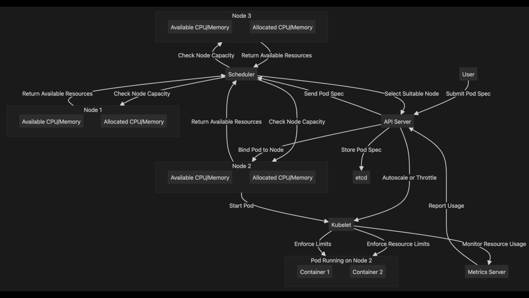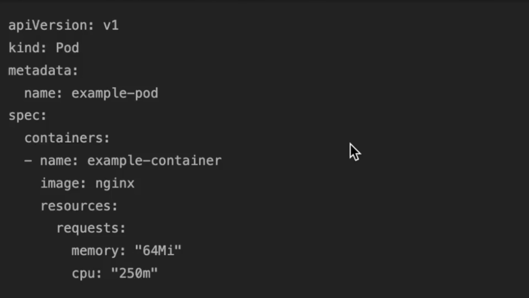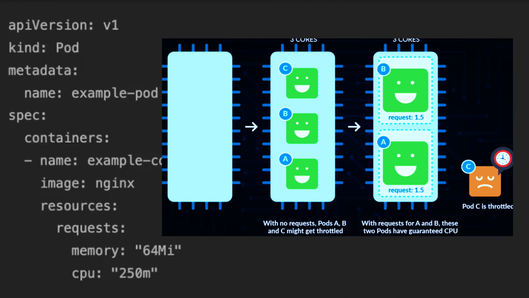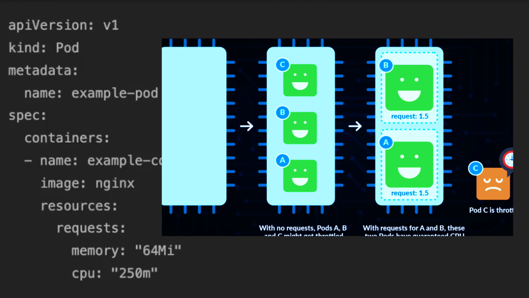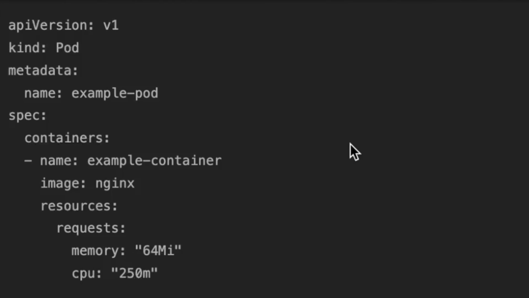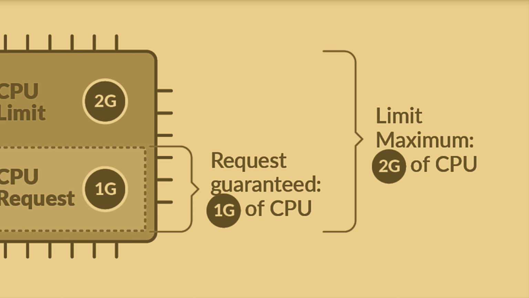Resource requests and limits are quite essential for managing the resources your pod can consume. They ensure that your application gets the necessary and appropriate CPU and memory, and prevent any single pod from monopolizing the resources. There are two key concepts here: resource request and resource limit.